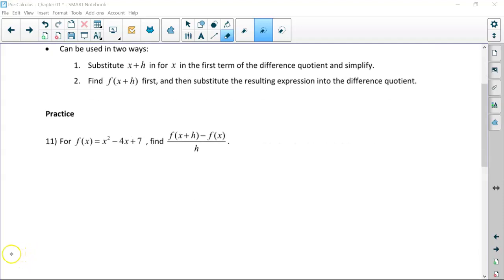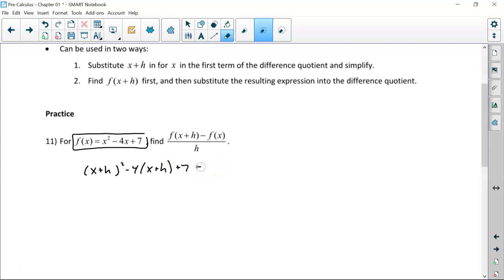So we're using this function, f of x plus h minus f of x over h. That's the difference quotient. Now in this problem, f of x is x squared minus 4x plus 7. So instead of x squared, it's going to be x plus h squared minus 4, and instead of x, we're going to substitute the x plus h, plus 7.